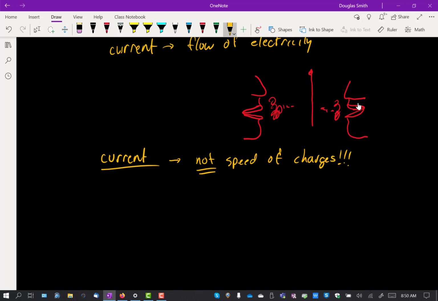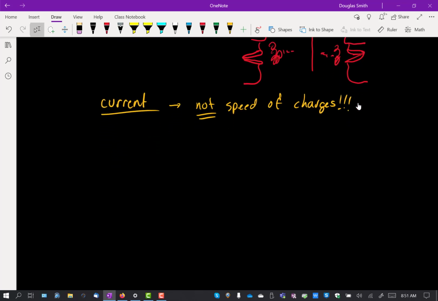Once again, we could think of another analogy. Let's suppose you had a pipe of water. Say you have a pipe and there's a bunch of water flowing through it. The water could be moving at, say, 1 meter per second. And you have a whole bunch of water flowing through the end of the pipe that looks like this.